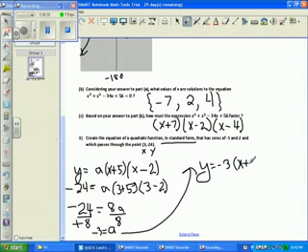And when we actually work through problems like this in class, if you look back at your 6.1 and 6.2 notes, you see that we actually compared the looks of each of the equations that passed through the points negative 5, 2, but had a different a. And we saw that they each had a different vertical stretch.